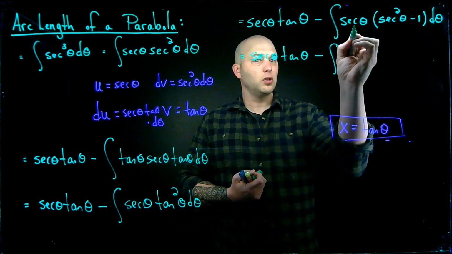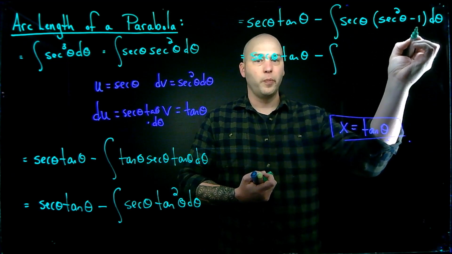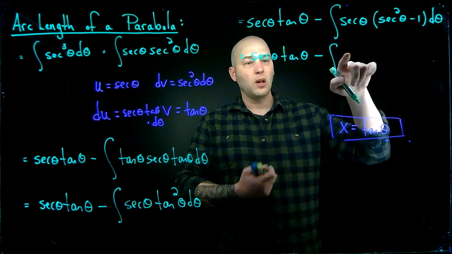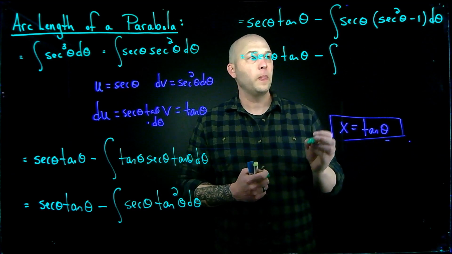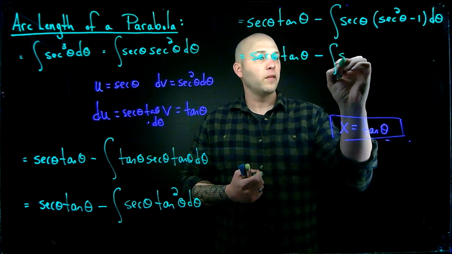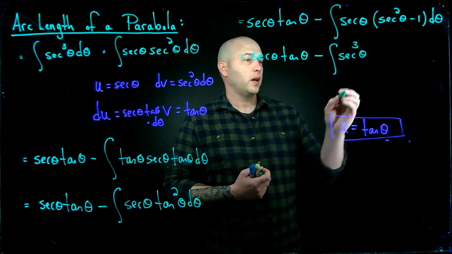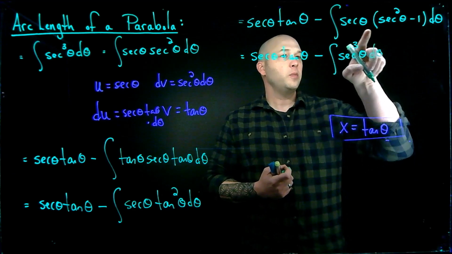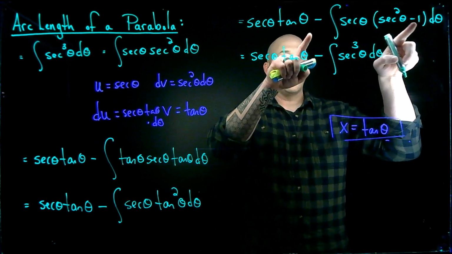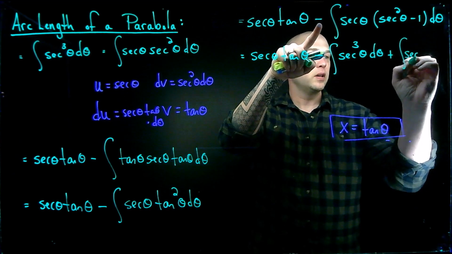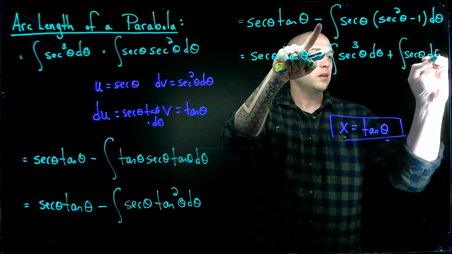I'm going to distribute secant of theta through the parentheses, and then since there's going to be two terms in this integral, I'm also going to separate the integral. So minus the integral of secant cubed theta d theta. Then it would be minus secant, but then I'd have minus with a minus, so this would be plus the integral of secant of theta d theta.